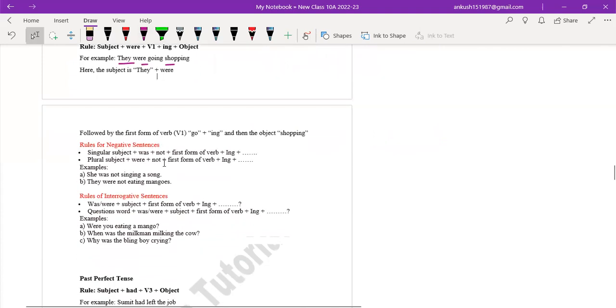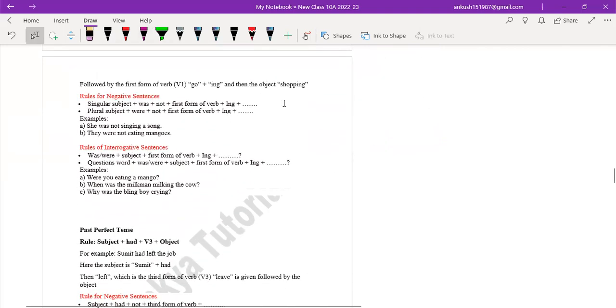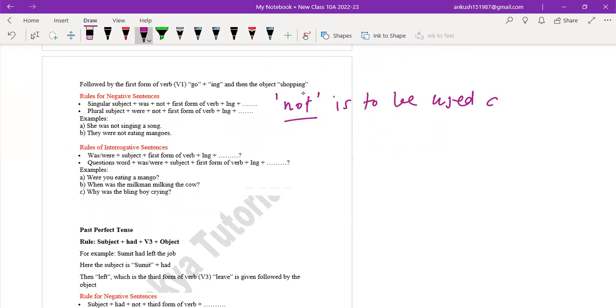Okay, how can you make it negative? Simple, only not is to be used after was and were. Understood? This is the only thing that you have to use.